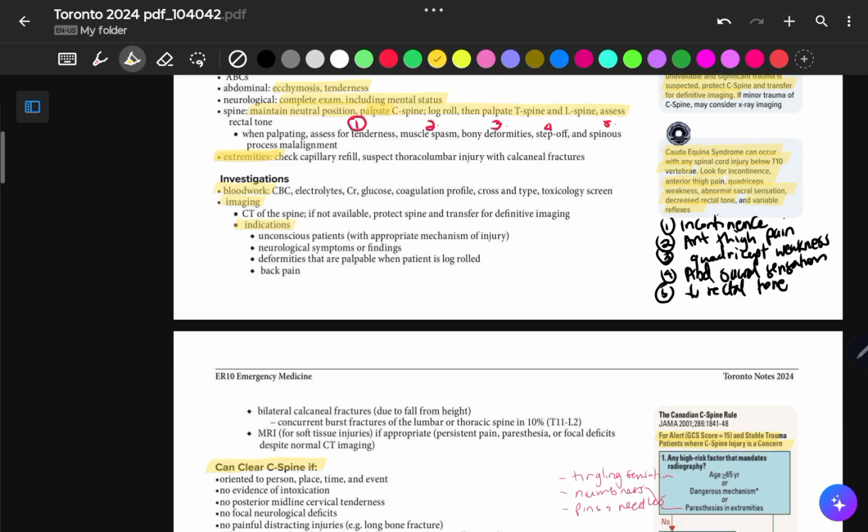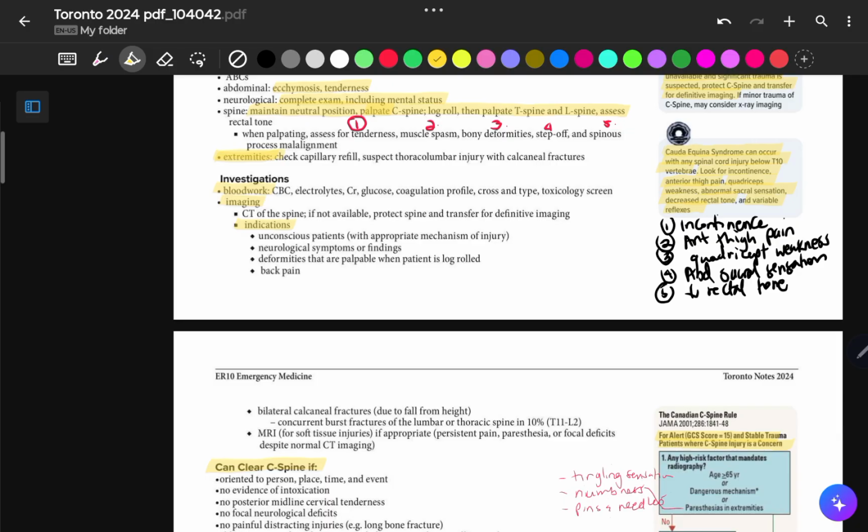Now next, let's talk about Cauda Equina syndrome. Cauda Equina syndrome can occur with any cord injury below the T10 vertebrae. You are looking at incontinence.